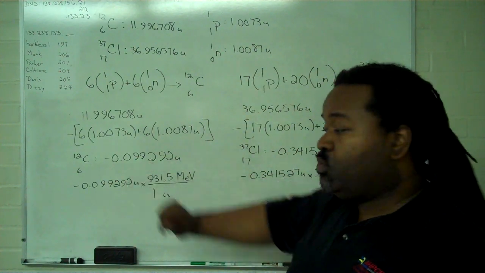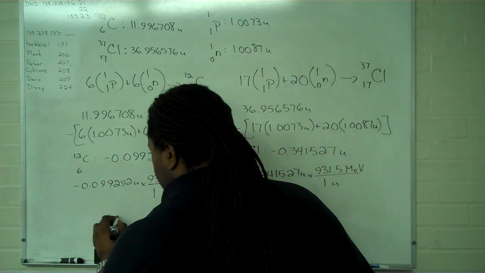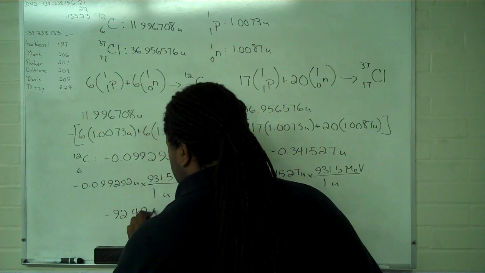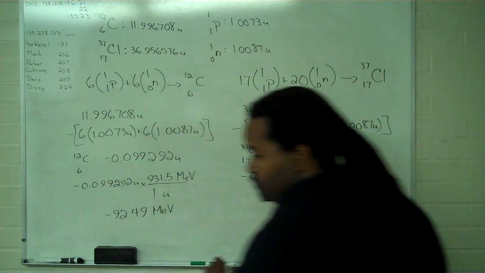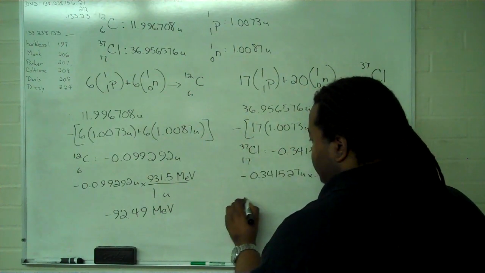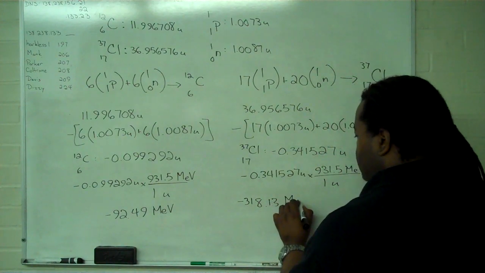And so for carbon-12, that comes out to a release of 92.49 MeV. And for chlorine-37, we have 318.13 MeV.